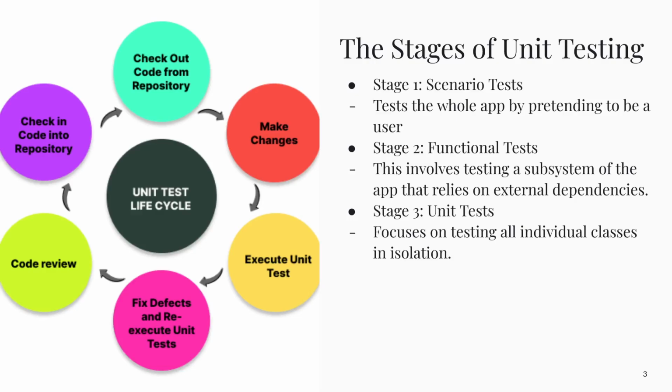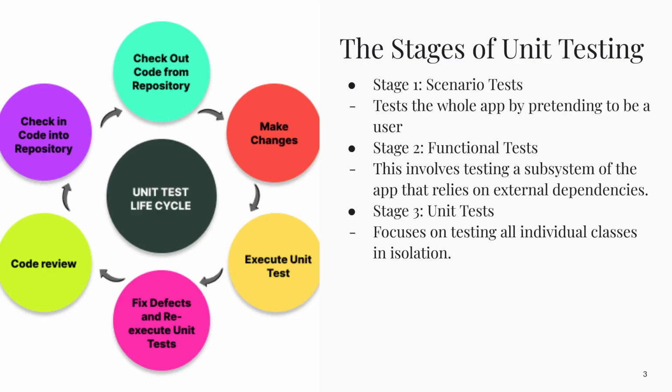And then finally, and last but not least, is the unit test, which is the final stage. Now, this is the main part of the presentation and what we are focusing on. Unit tests by themselves focus on testing all individual classes in isolation.